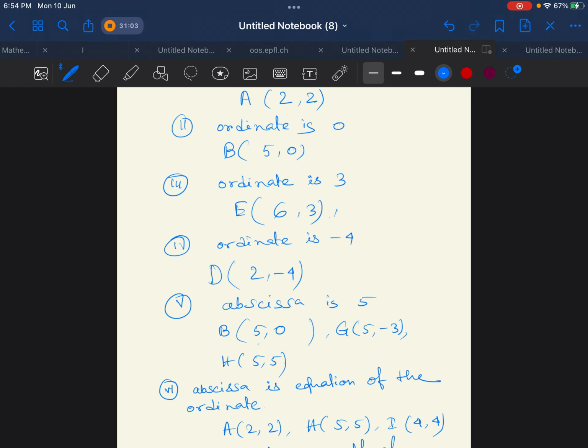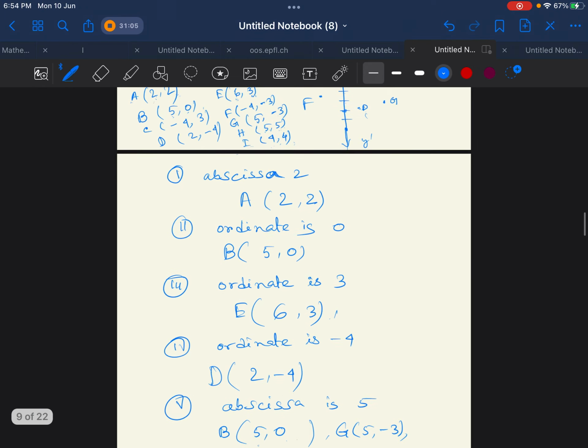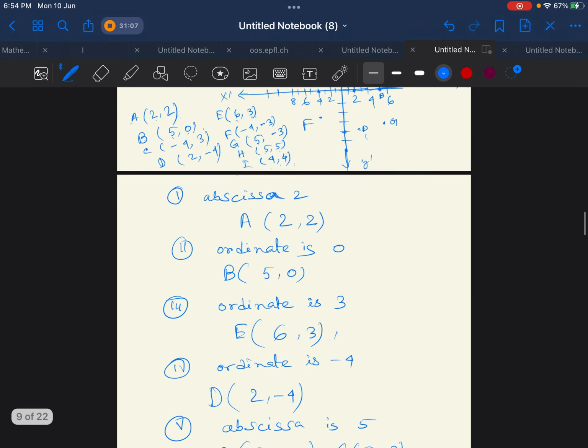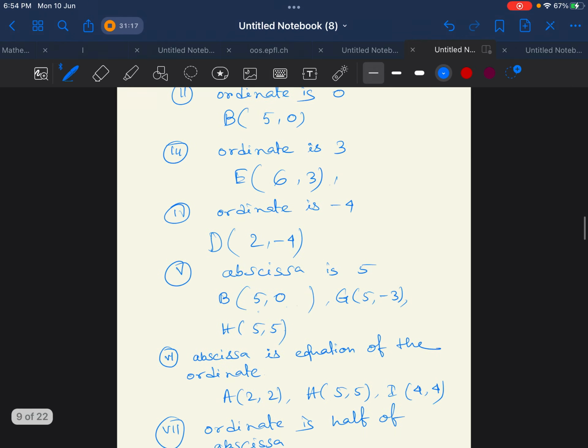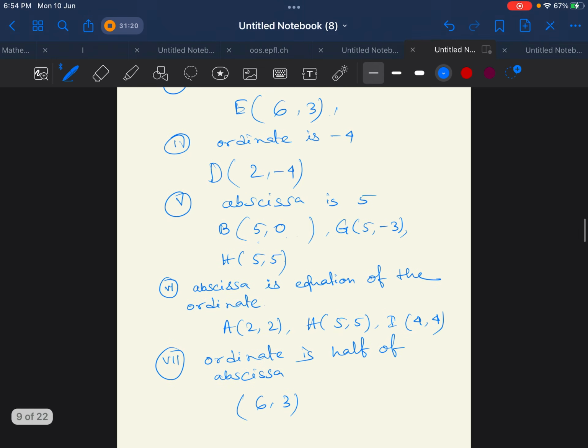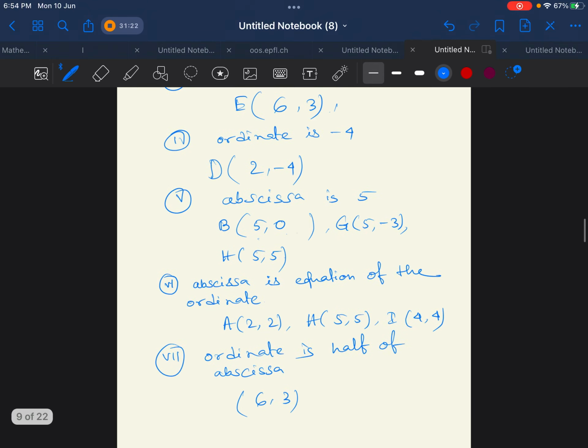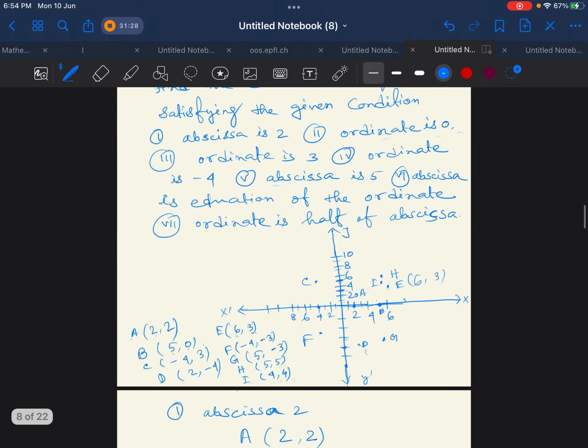Here we get abscissa 5 and ordinate 0 on x-axis, and also G point. Here abscissa 5 and ordinate is -3. So we got 3 points: B (5, 0), G (5, -3), H (5, 5).